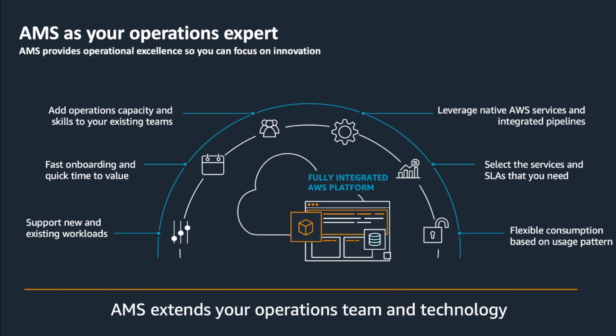You select the service, operational capabilities, and SLAs that you need for each account. AMS can also be consumed on a month-to-month basis, mirroring the AWS utility compute model. We give you the flexibility to scale up and down, depending on the usage patterns inherent within your business and aligned to your migration, modernization, and transformation strategy and your desired outcomes.